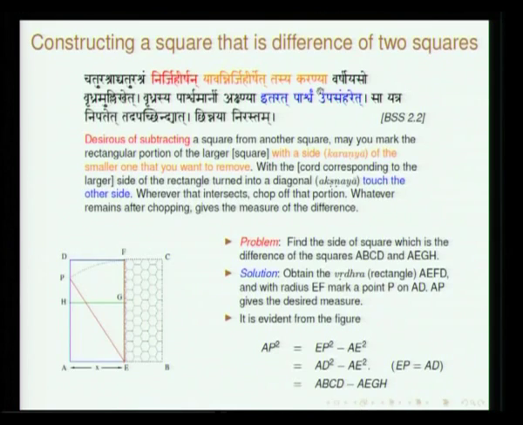So, Tasya Karanya means by the measure of that you mark something in the larger square. For instance, in this diagram, suppose you have the square ABCD, you want to remove a certain area, which is given by AEGH. Okay. So, X is referred to as Karani.